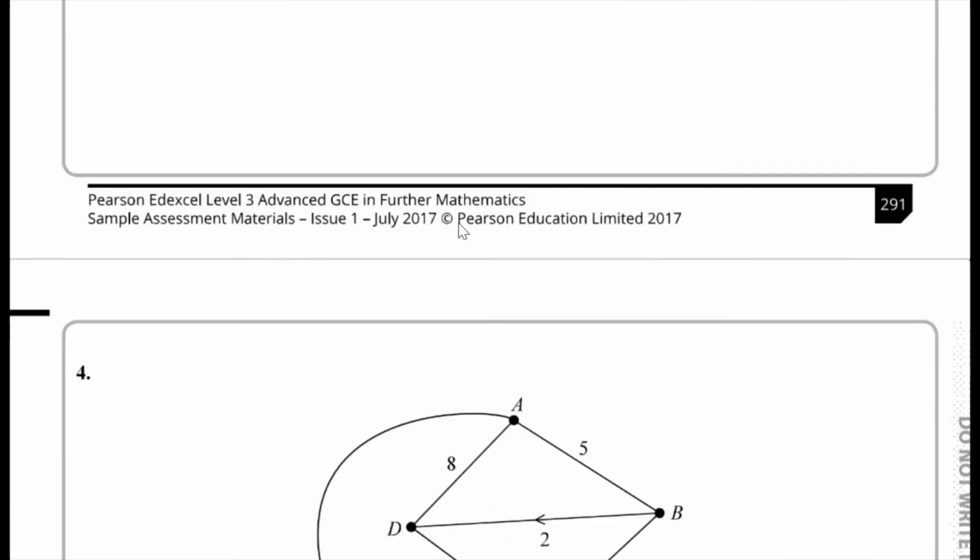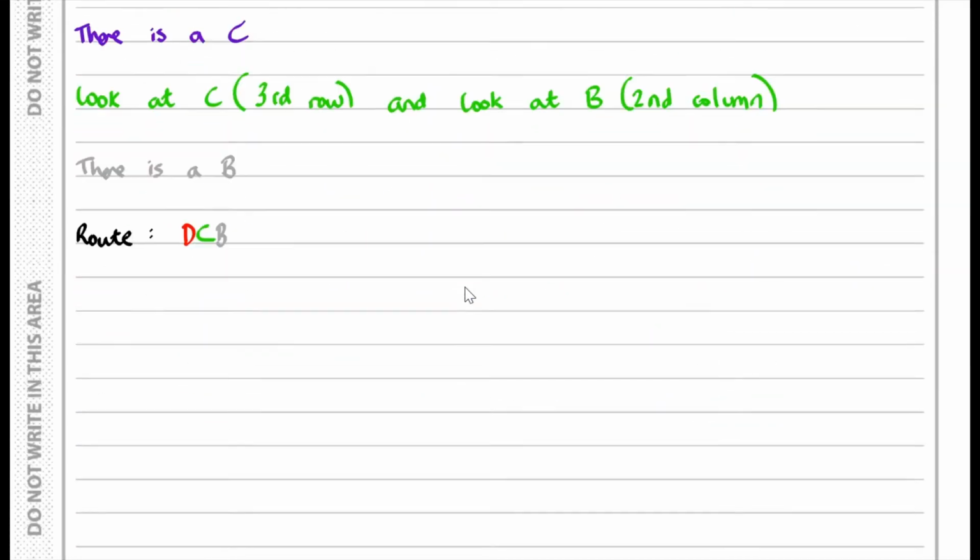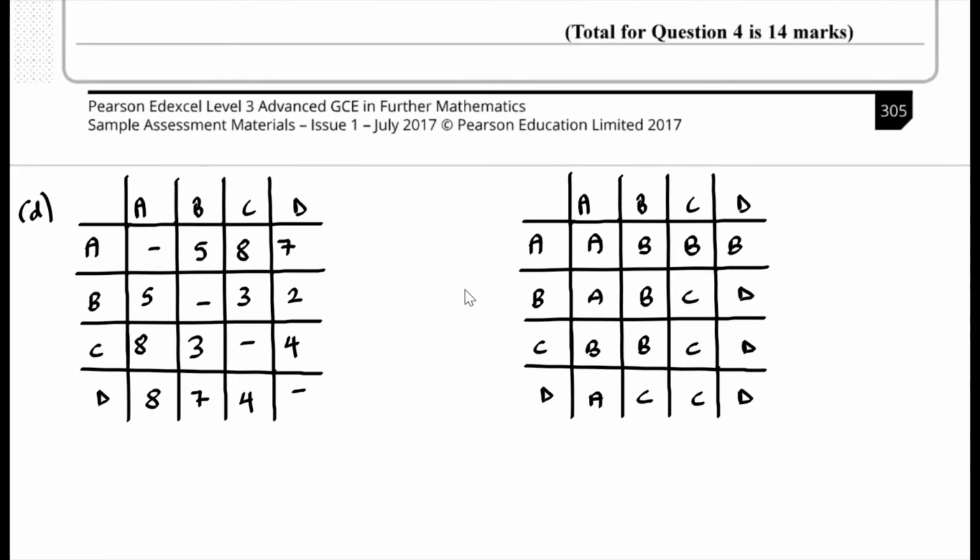So if we take a look back over here, if we start at D, alright, we'll label this with a number 1. Now perhaps I need to move all this down a bit.